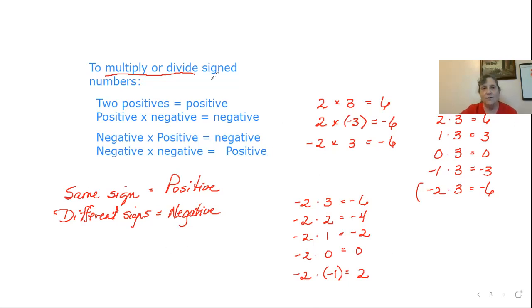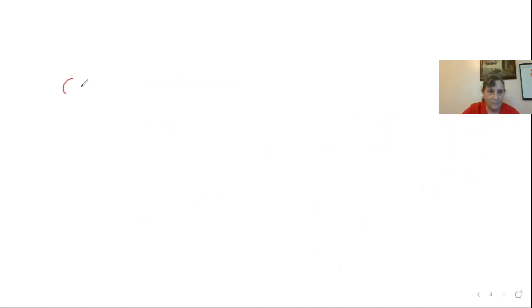If you've got a whole string of numbers that you're going to multiply, -3 times 2 times -4 times -1 times a +5. What you want to do is count your negatives.